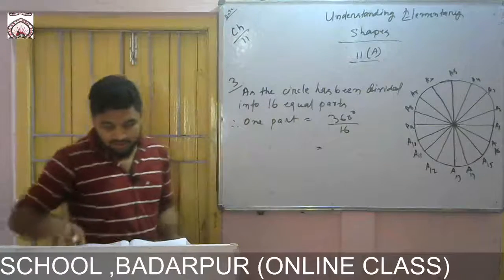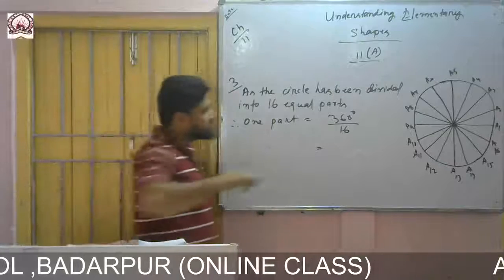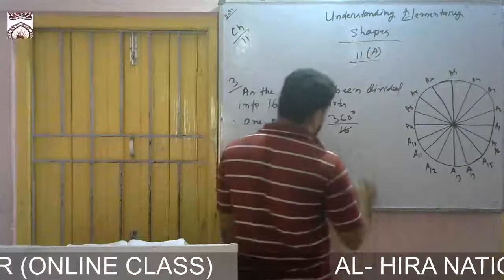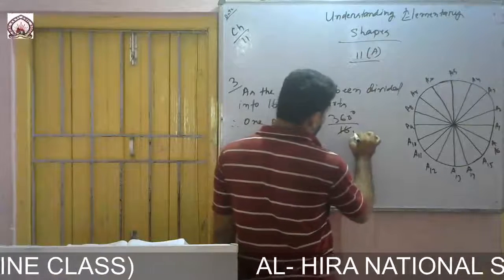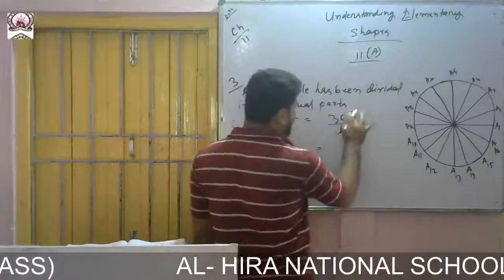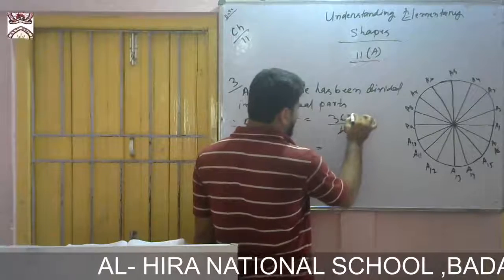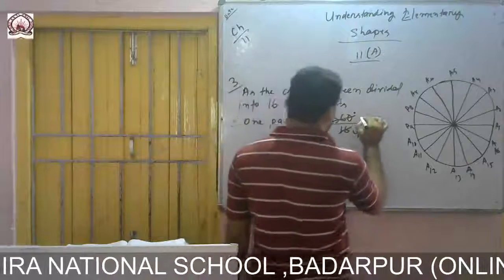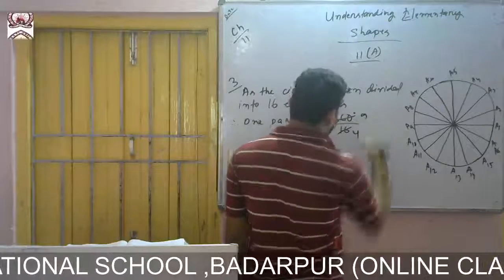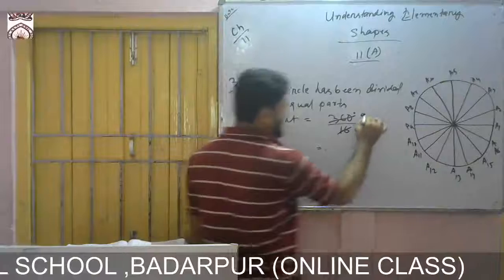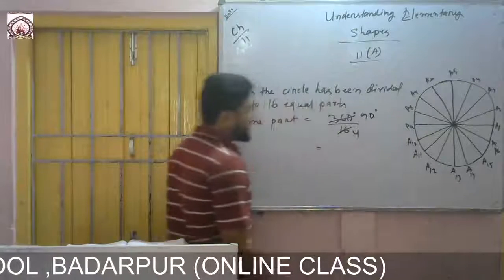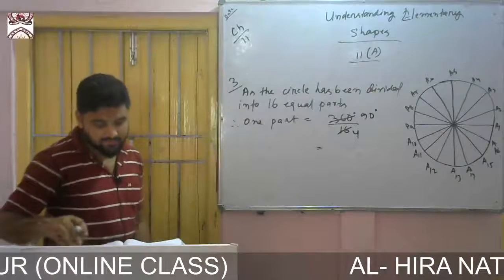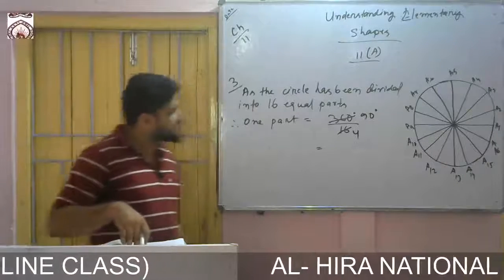If we cancel, dividing by 4: 4 fours are 16, and 4 nines are 36, so 90 degrees.